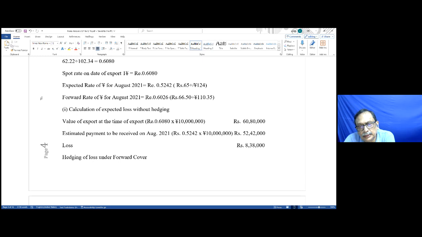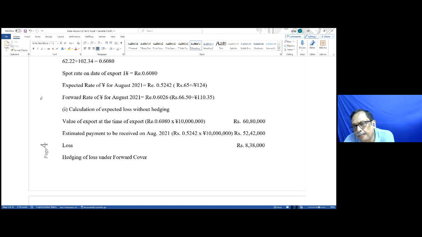Estimated payment to be received on August 2021, that is rupee 0.5242 multiplied by the total amount of yen, it comes to 52 lakhs 42,000.